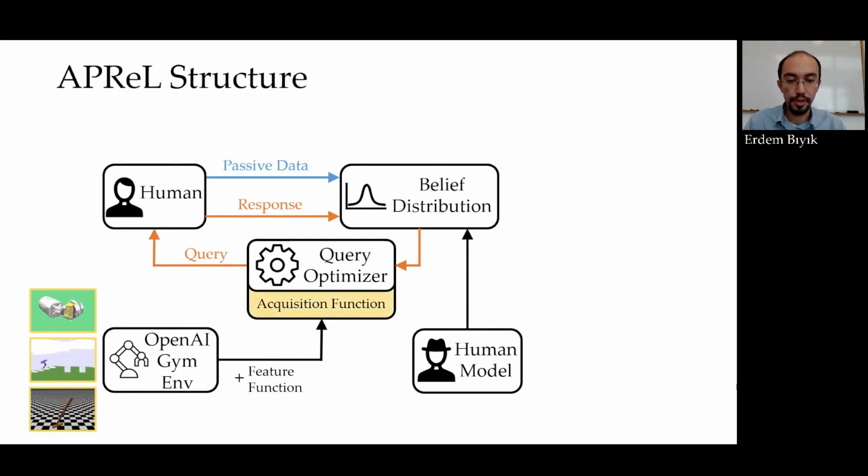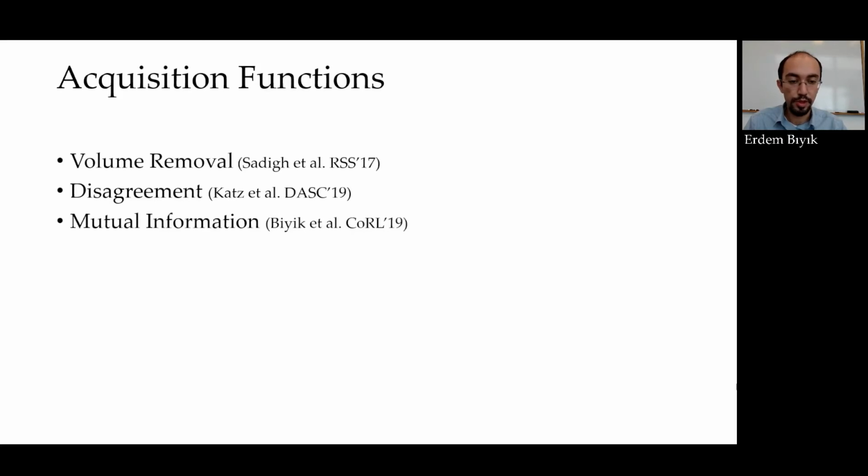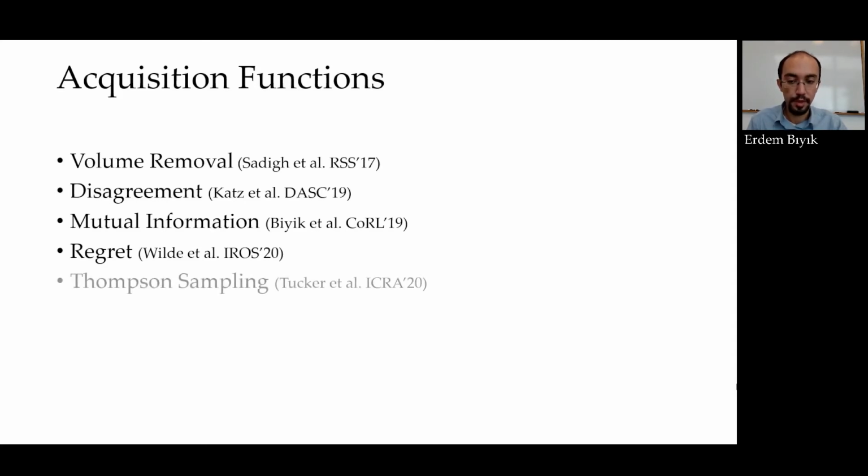First of all, it readily includes several different acquisition functions. These are volume removal, where the goal is to remove the maximum volume from the belief distribution, disagreement, which queries the user with trajectories that are likely but dissimilar, mutual information, which tries to maximize the information that will be gained from the user's response, regret, which queries the trajectories that are likely but would incur high regret with respect to each other, and Thompson sampling, which uses samples from the belief distribution to generate the query.